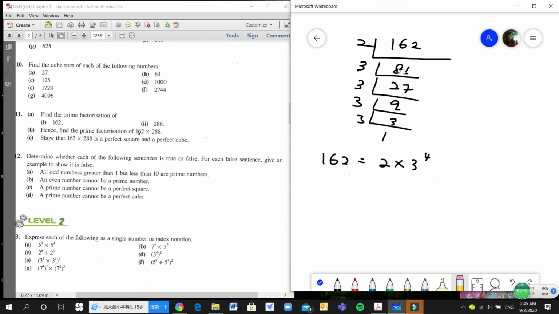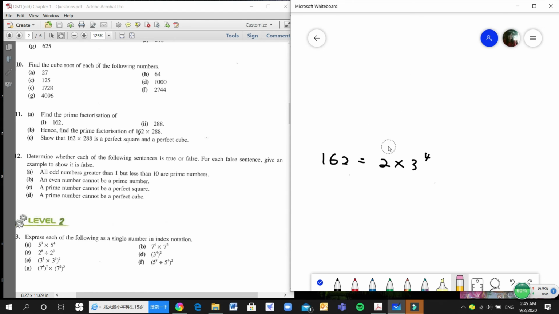And then we can try and find 288. If it is an even number, sure, it can be divided by 2, giving 144. And if divided by 2, 72.